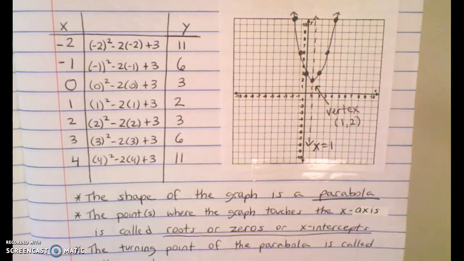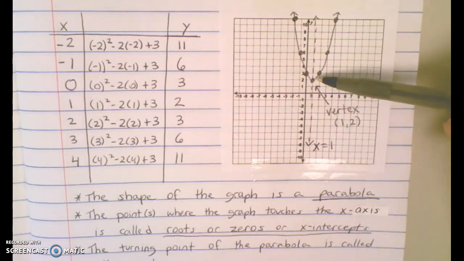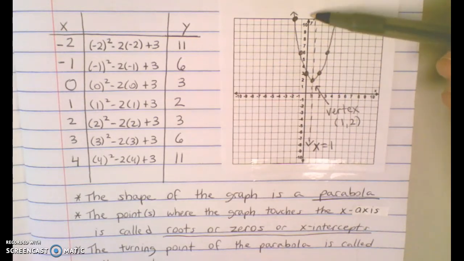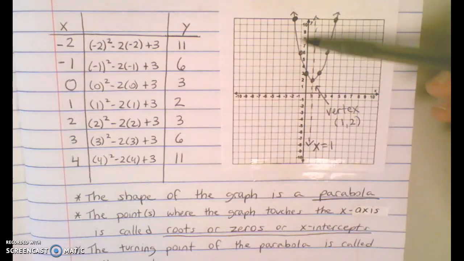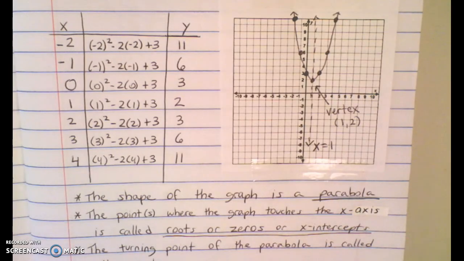The range is going to depend on your vertex and which direction the parabola is facing. If the parabola is facing up, it's everything that's bigger than or equal to 3 for the y values. So all the y values above 3 are in my range. Domain and range will still come up with different types of graphs.